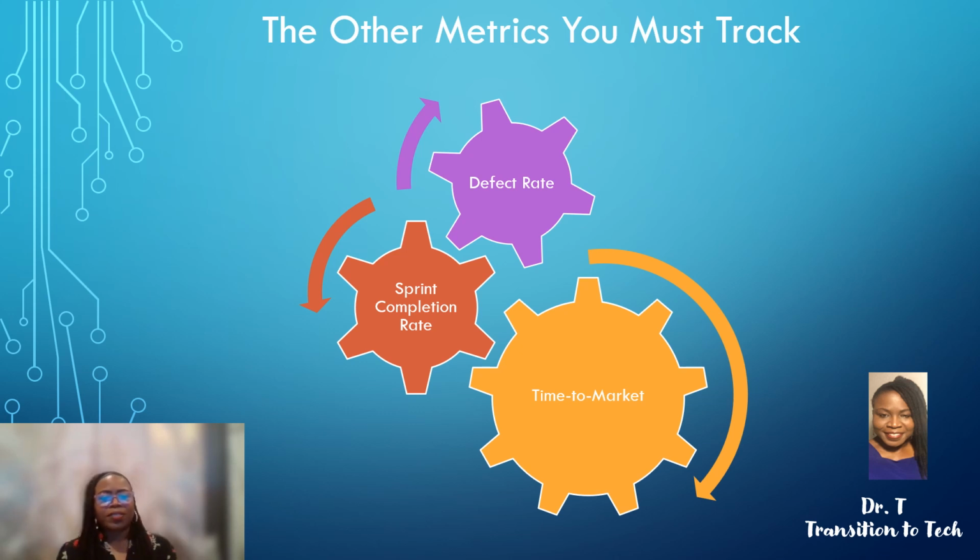Now, let's talk about time to market. This is a measure of how long it is taking the team to actually get done. They've gotten to a pattern where their velocity is improving, so shouldn't they be delivering a lot quicker? The time to market looks at, from the time we define the scope and turn it over to the team, how long is it taking to get things done? We should be about continuous improvement.